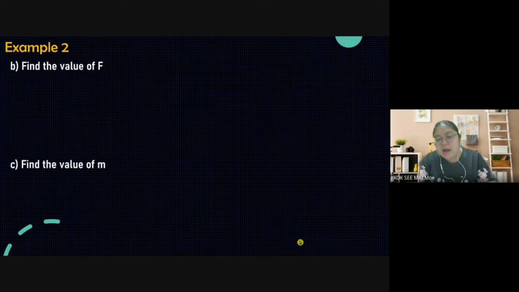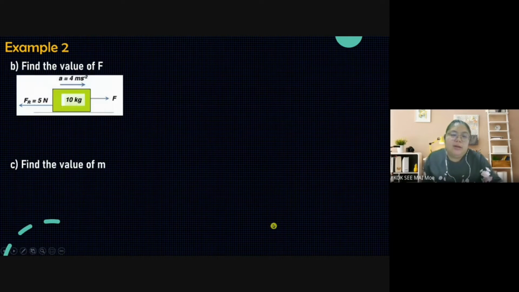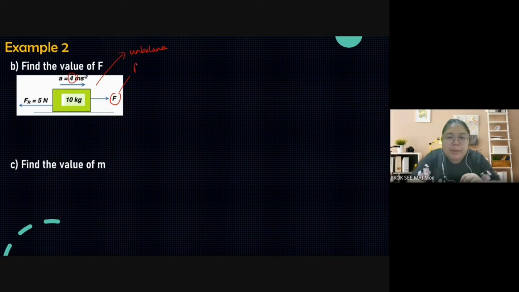Okay, find the value of the F. The question not only asks to find acceleration, they can also ask to find the F. Okay, the diagram is like this. They give you the acceleration. If they give you acceleration, it means this one is unbalanced. Unbalanced means it is moving already. Sure, this F is bigger than the 5 Newton, because it is moving already, right?